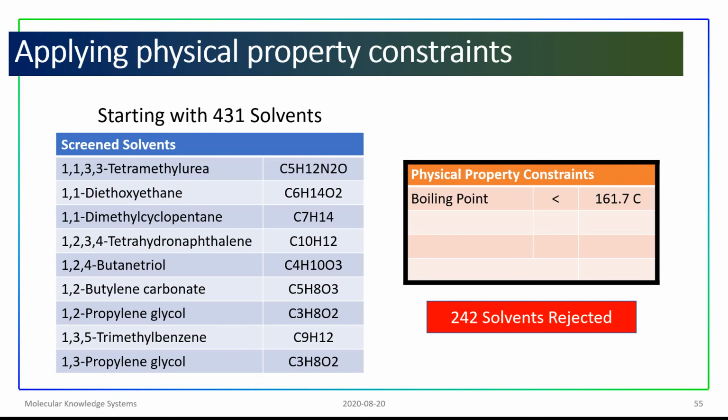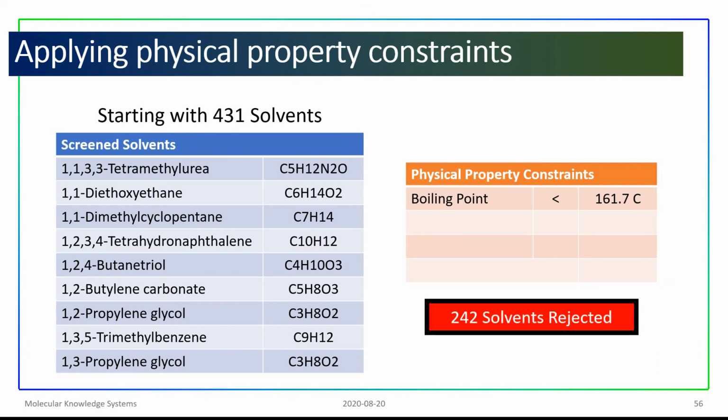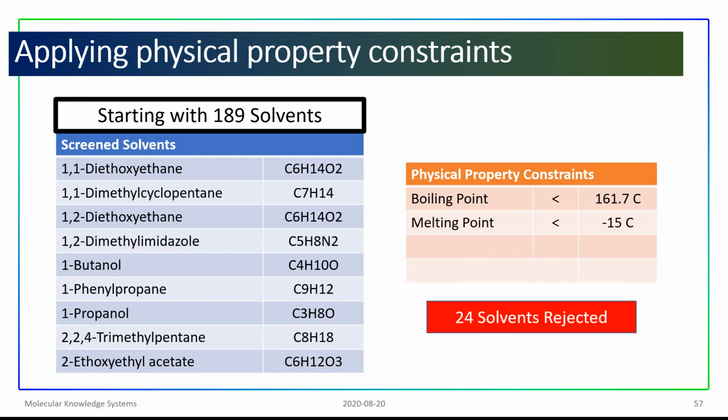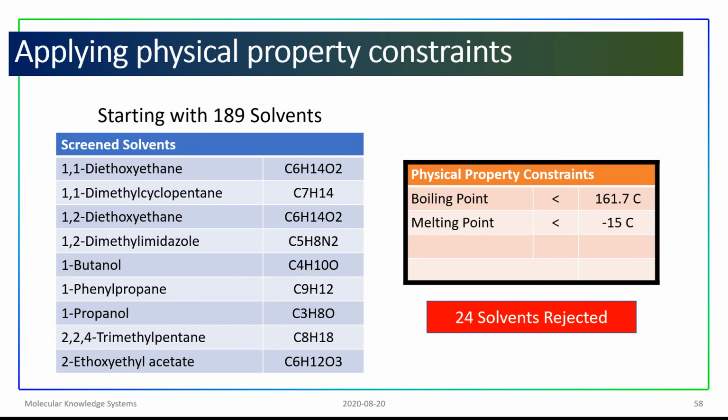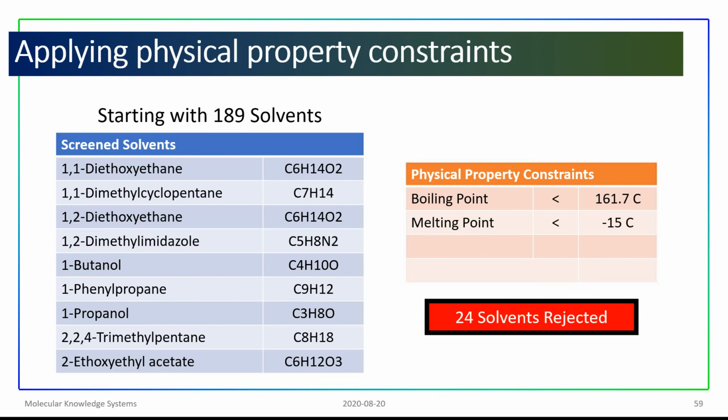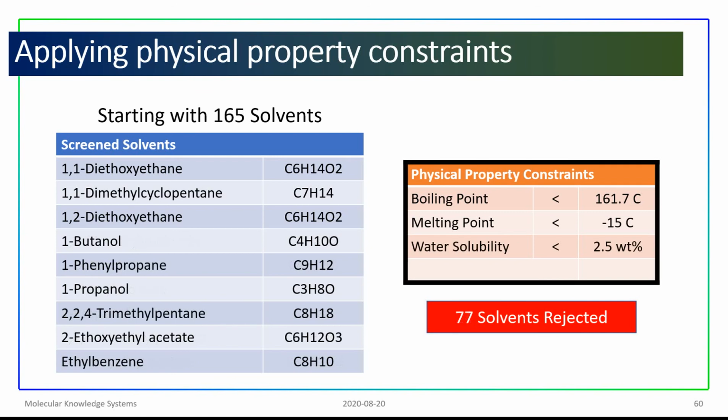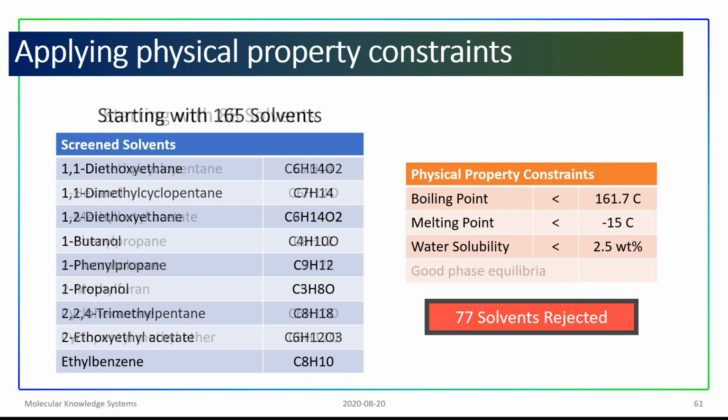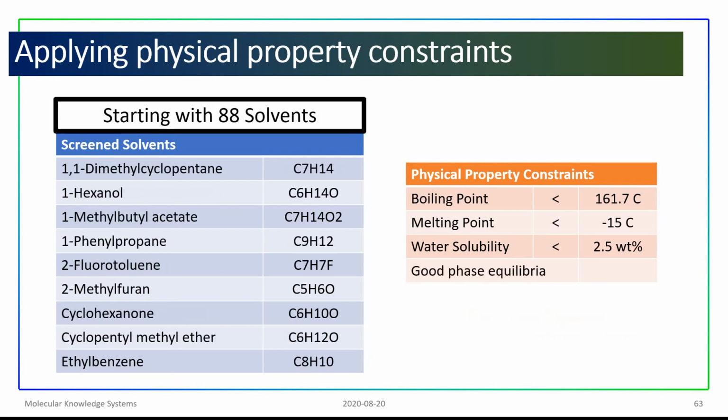Applying our boiling point constraint eliminates 242 solvents, which leaves us with 189 candidate solvents. Applying our melting point constraint eliminates 24 additional solvents. And finally, imposing our water solubility constraint eliminates 77 solvents, giving us 88 solvents to examine further.